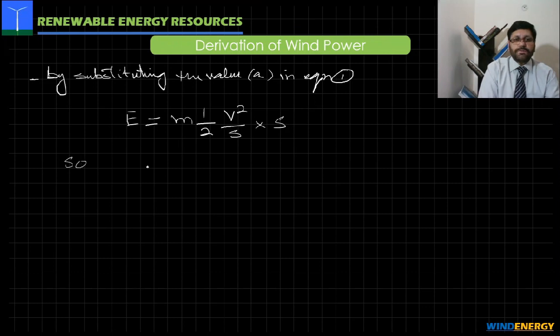So we have E is equal to half mv square, and let's say this is our equation 3.